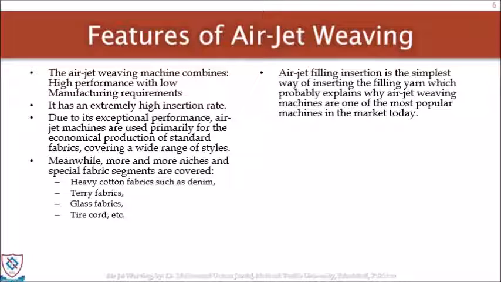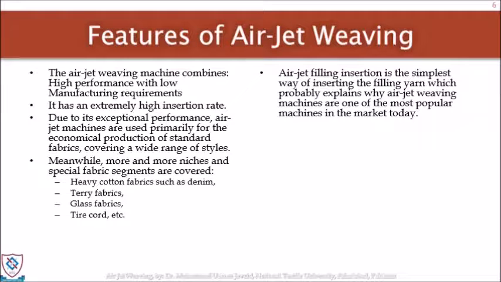This simplicity makes it easier to maintain mechanically, with fewer parts involved, less wear and tear, more consistent working from the machine, and easy change of styles from one to another. All these things make air jet weaving simpler than the other insertion systems used for fabric manufacturing.